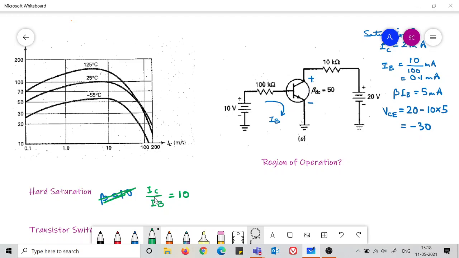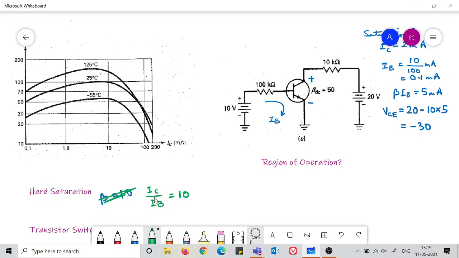Now if you can set up the circuit in such a way that the IC flowing in the output is about 10 times the IB in the input, then of course your transistor is working in the saturation region, because it is much less than the gain for which the transistor will work in the active region.